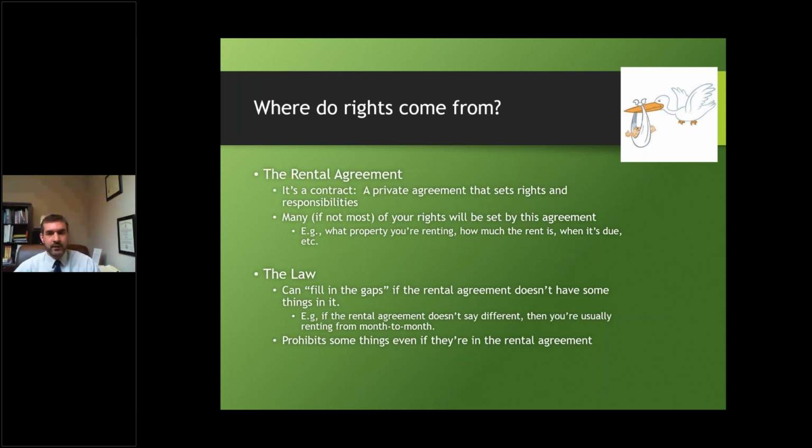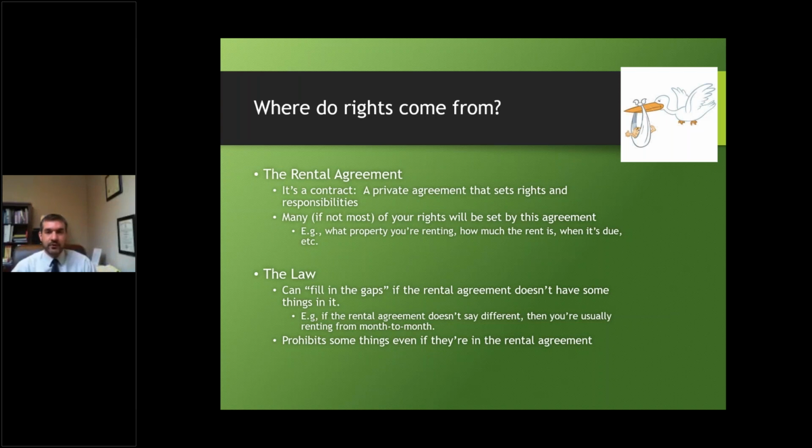A rental agreement can be either verbal or written. It doesn't have to be written. Any rental agreement that intends to last for longer than a year has to be in writing to be enforceable. So if you have a verbal agreement that you can stay here as long as you want, but that agreement's not in writing, then the law is going to treat that as a month-to-month rental agreement.